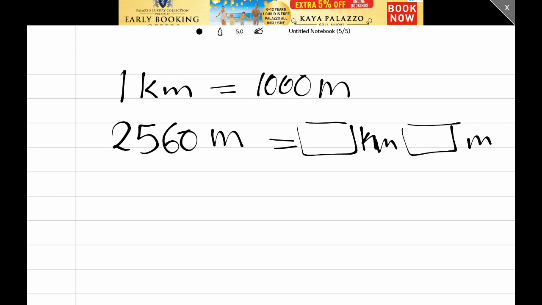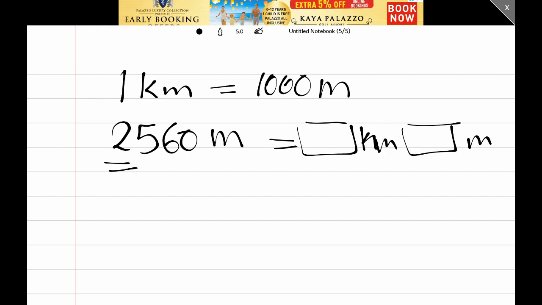Previously we said each 100 centimeters is 1 meter, so we used to go to the hundreds place. Here, each 1000 meters is 1 kilometer, so we are going to the thousands place. So here the thousands place has 2.